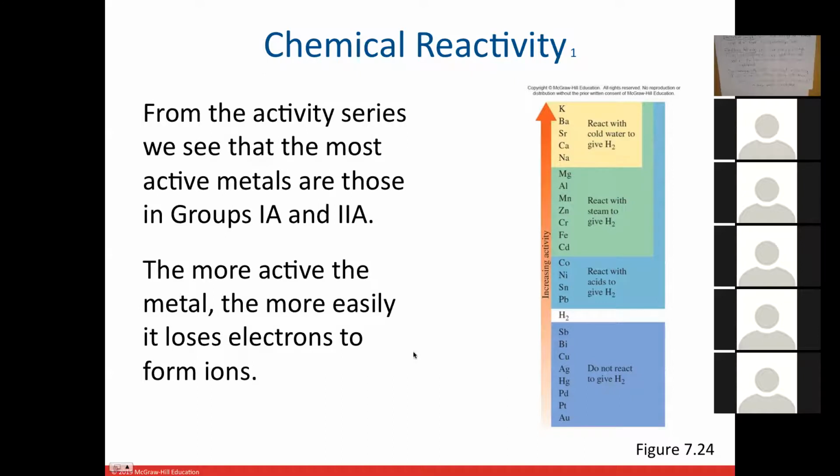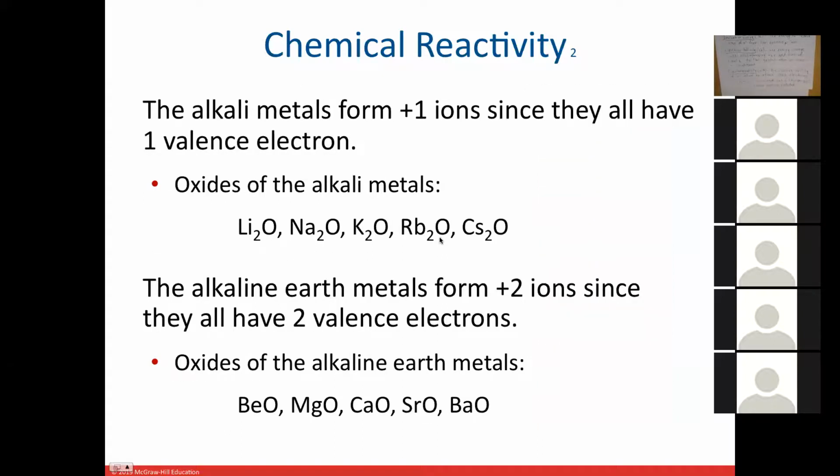All right, so that's chemical reactivity. And this is just the reactivity of metals. There's a corresponding activity series that we didn't cover that has to do with the halogens. So the more up and to the right, fluorine would be more reactive than chlorine, and chlorine would be more reactive than bromine, right, in a similar style and fashion. Okay. So alkali metals form +1 ions since they only have one valence electron.